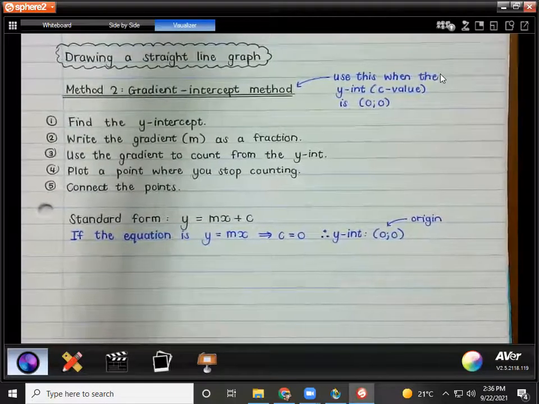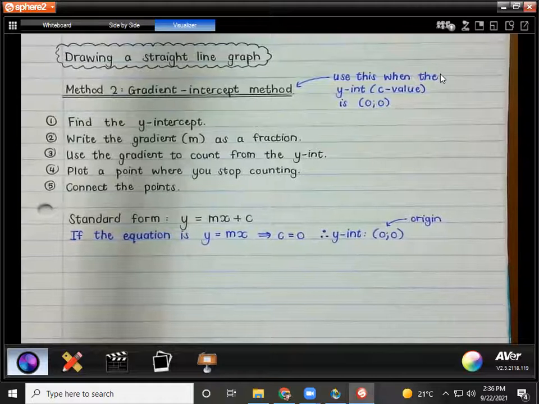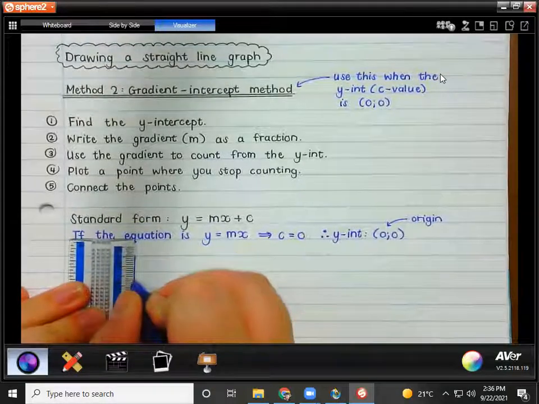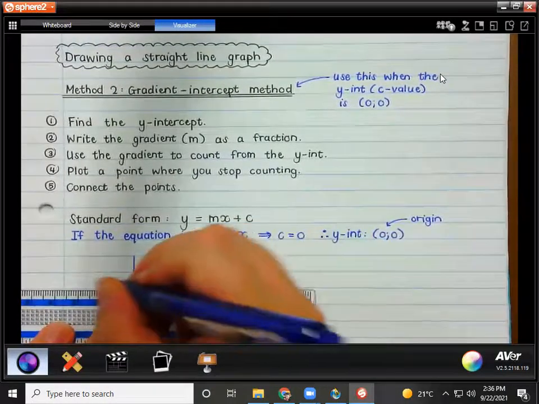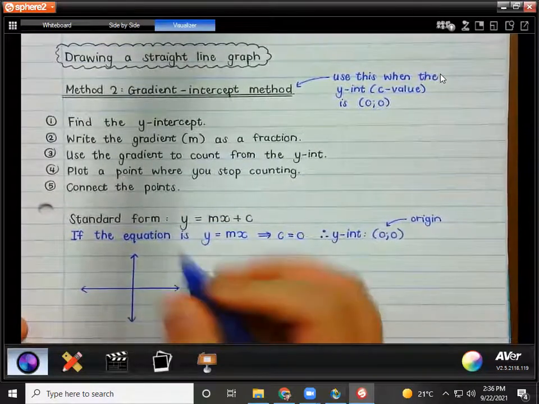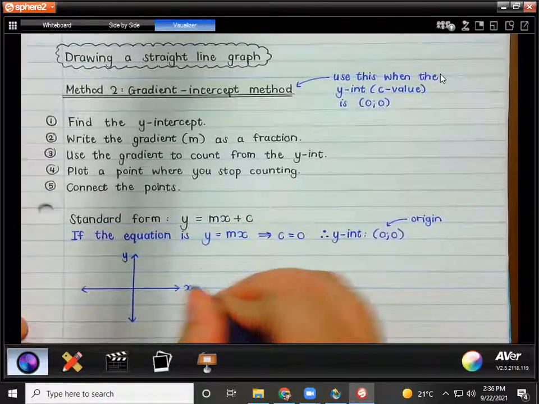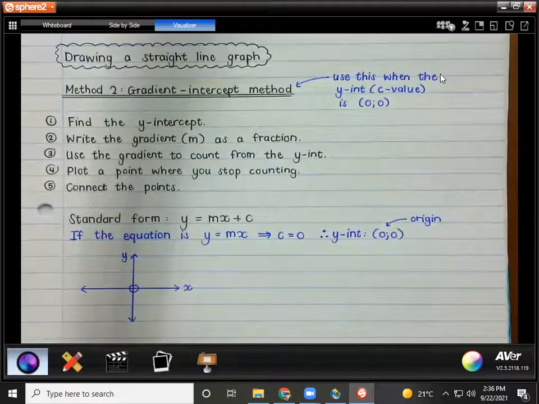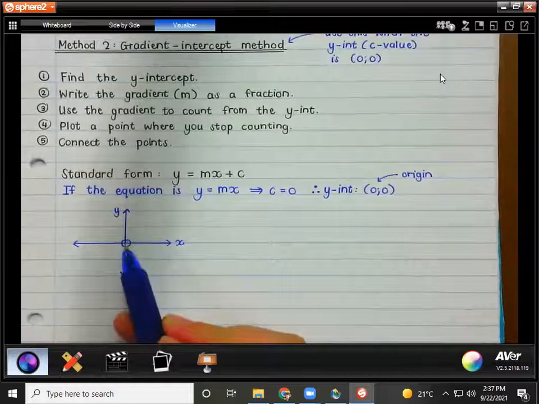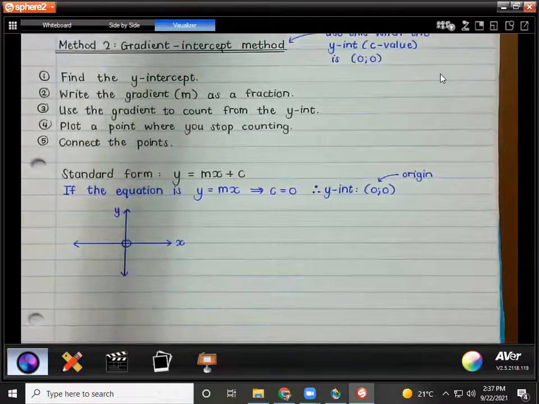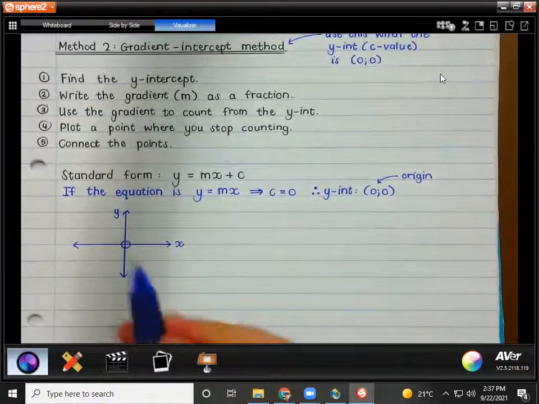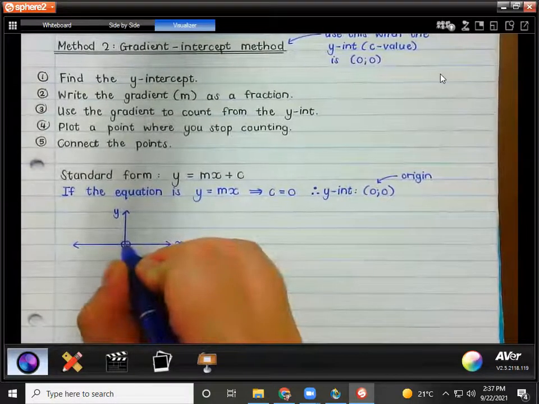Now, guys, you should remember that the origin is the point where the two axes cross. If we have a Cartesian plane here, we can draw a small one. That point in the middle, that is the origin. That is a strange point in the sense that if your graph has a y-intercept at the origin, I'm going to put a point there.